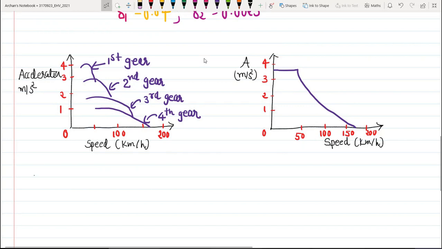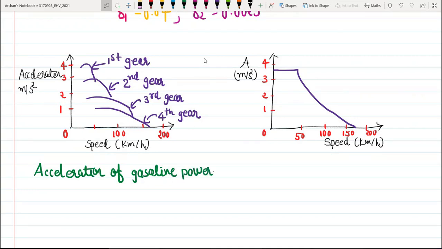Okay. So this is the acceleration of gasoline powered vehicle with 4-gear transmission. Right.